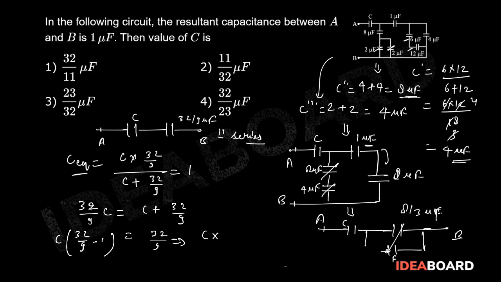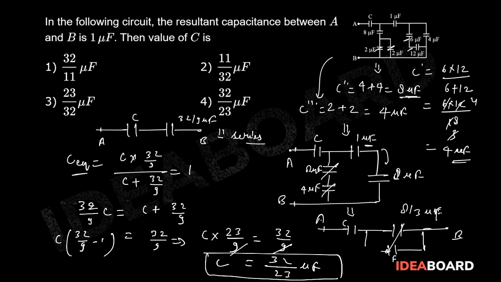So this will be 23 by 9, which will be 32 by 9. So this will be cancelled out. C will be 32 by 23 microfarad, right? So this should be your final value. Okay, so which option is correct? So option number 4 should be the right answer, 32 by 23 microfarads.